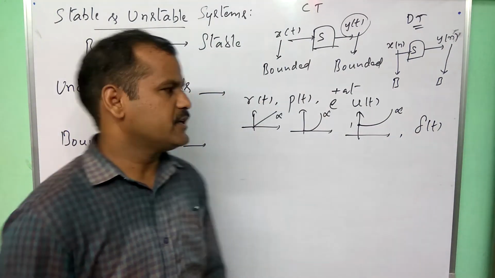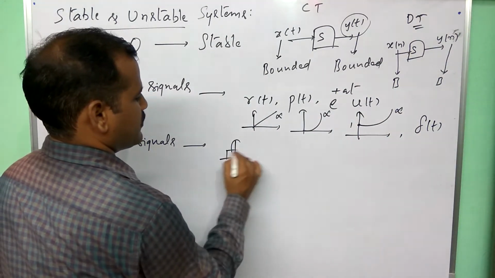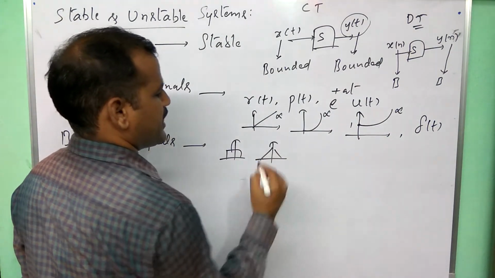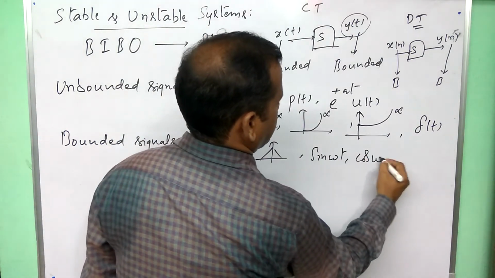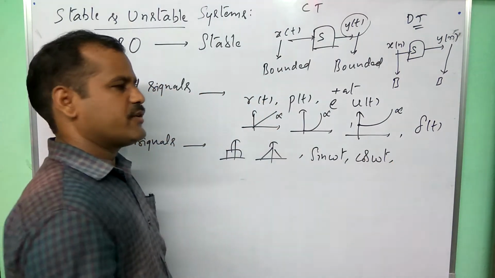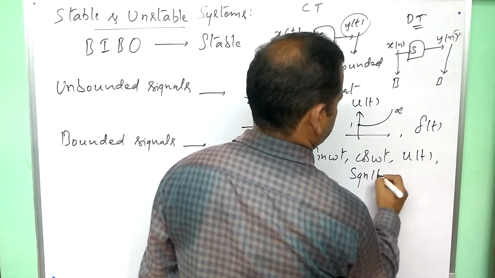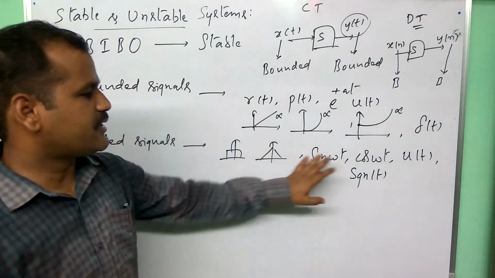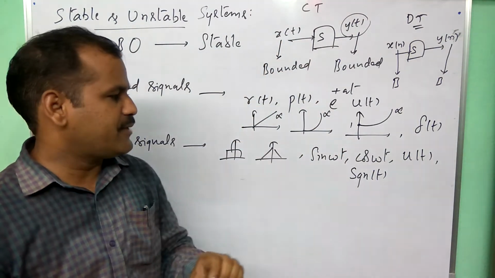So excluding those, you can consider a rectangular function, a triangular function, a sinusoidal, even the step function and signum function. These you can consider at the input of the system for the verification of the stability.